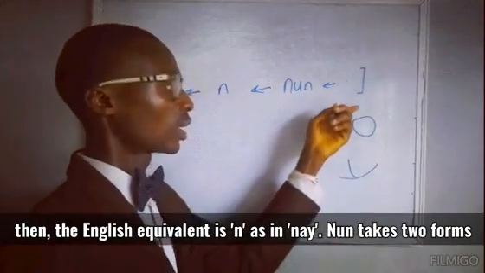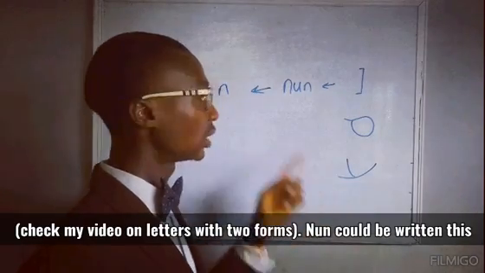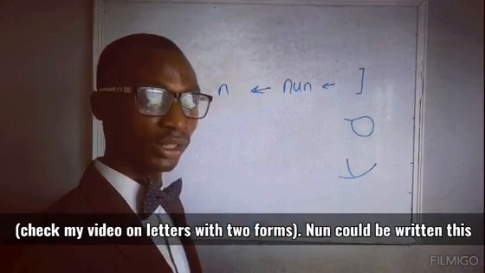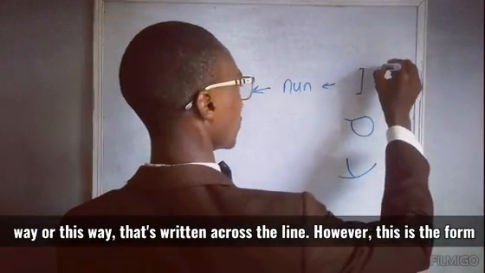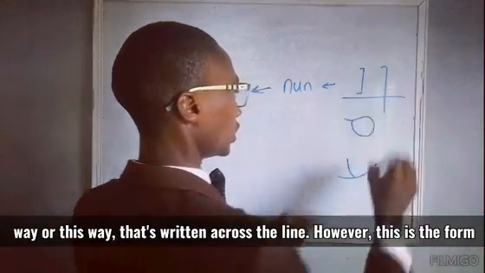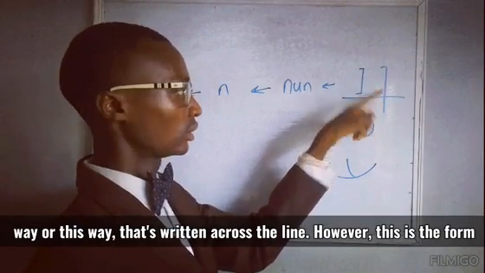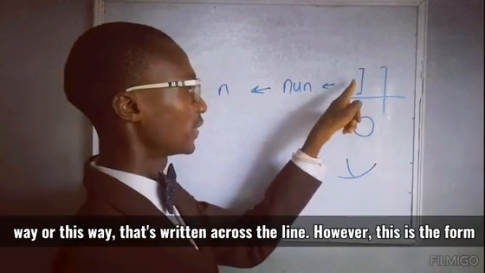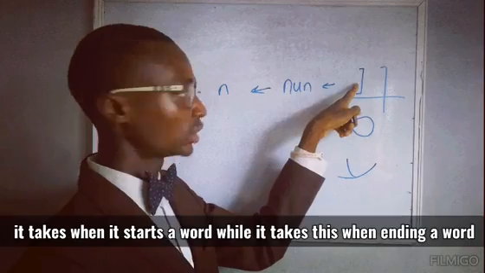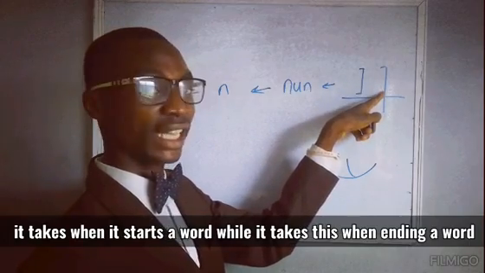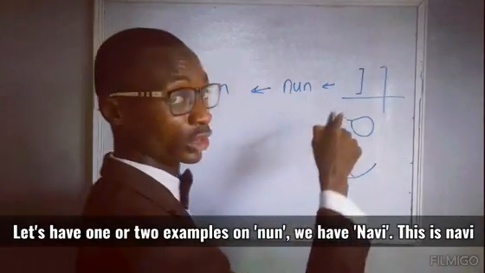Nun takes 2 forms, as in my video on letters with 2 forms. So Nun could be written this way or this way, in other words, written across the line. This is the form it takes when it starts a word, while it takes this form when it ends a word. Let's have one or two examples on Nun.